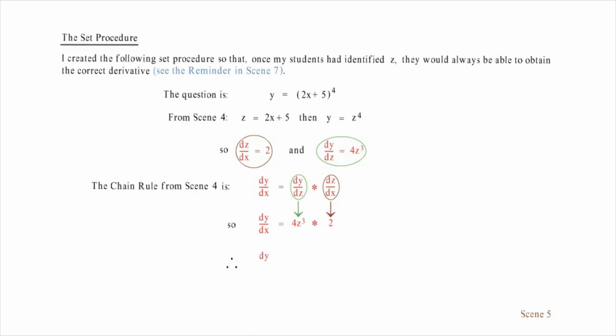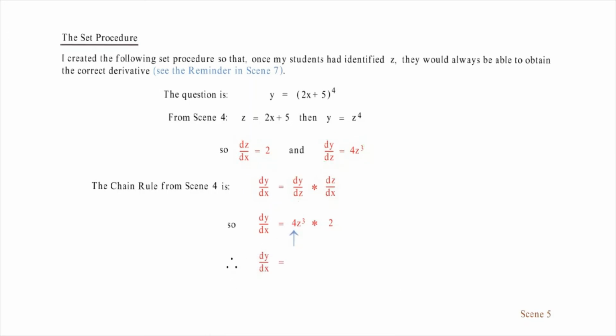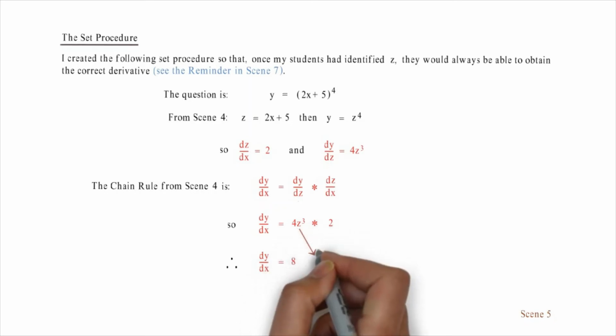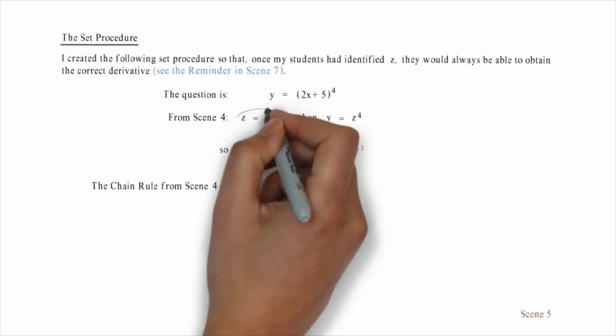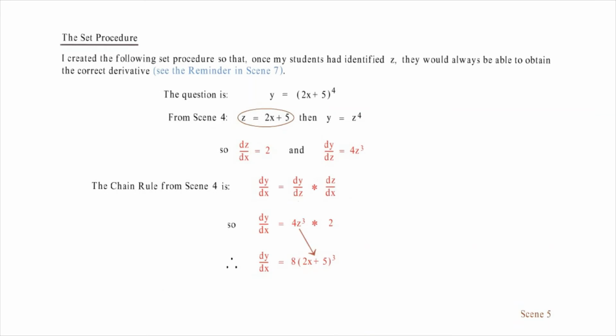Therefore, dy by dx equals 4 times 2 is 8 times z cubed, which is (2x plus 5) cubed because z equals 2x plus 5.